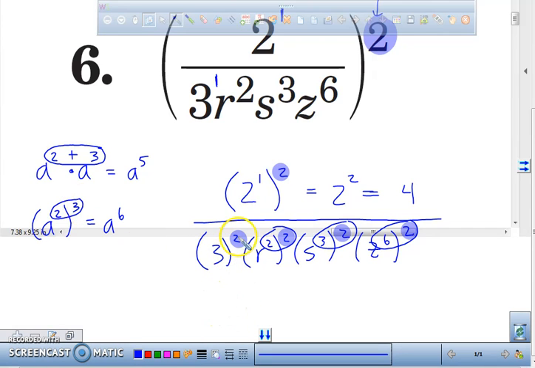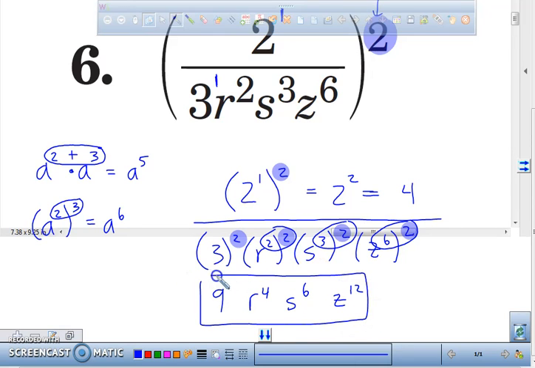So right now, we have 3 squared, that becomes a 9. Here, we multiply them together, it becomes r to the 4th. Here, we multiply them together, it becomes s to the 6th. And here, we multiply, that becomes z to the power of 12. This is the term that's going to be in the denominator.